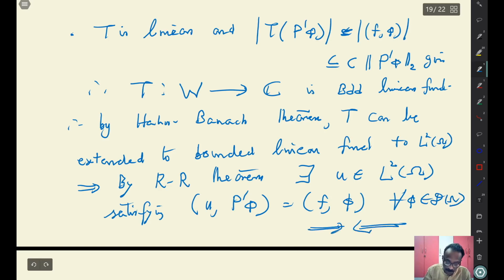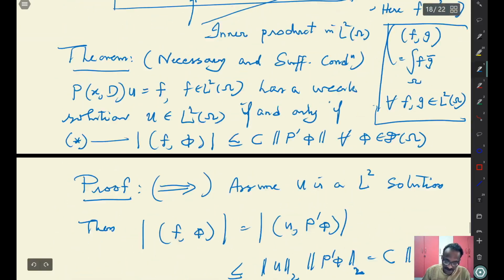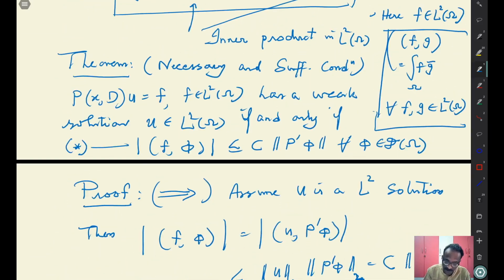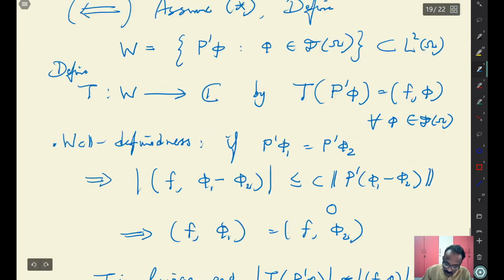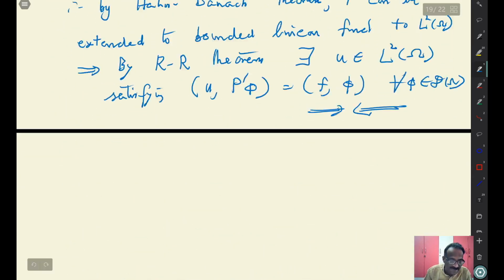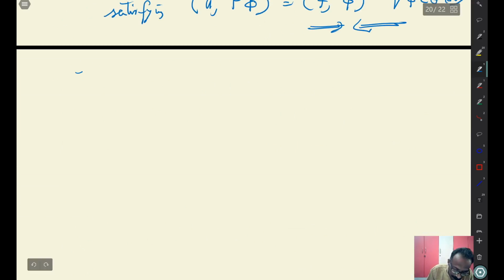So you have proved an if and only if condition, that P of x, D of u equals f if and only if u equals 0. I will not prove that here. There is a theorem which I will not state here.